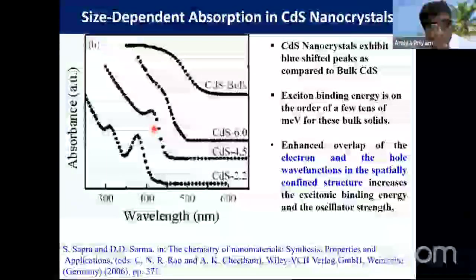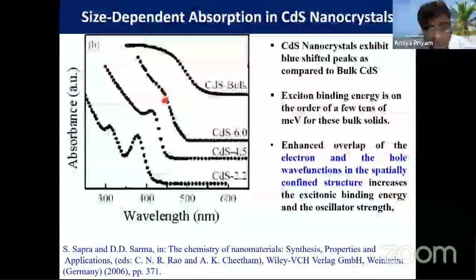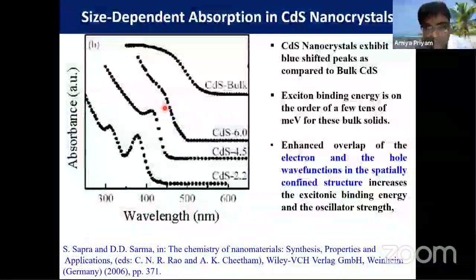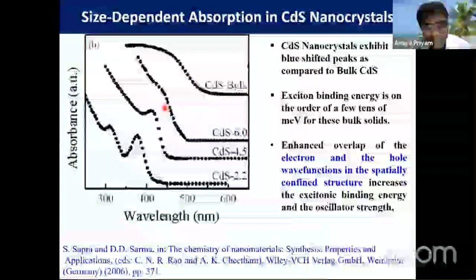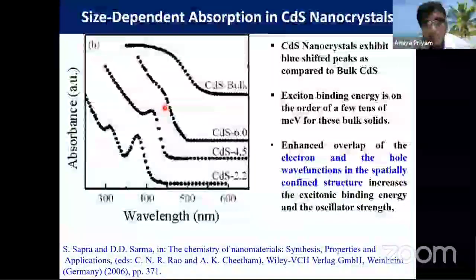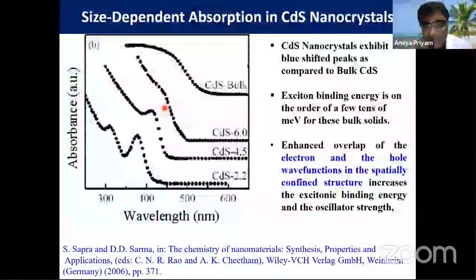But as you decrease the size, there is enhanced overlap of electron and hole wave functions. The de Broglie wavelength of the electron and the de Broglie wavelength that you calculate for holes are especially in a very closed space. They have been packed, so they have a very high overlap amongst themselves.